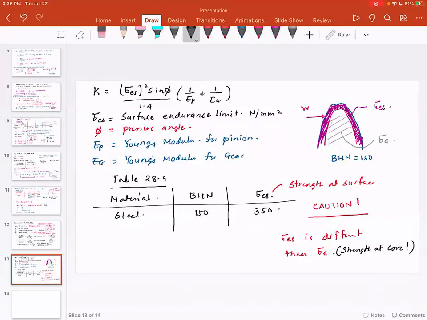And these two are two different properties. For an example, strength of the core is achieved using the heat treatment. Strength of the surface can be achieved using the surface treatment.